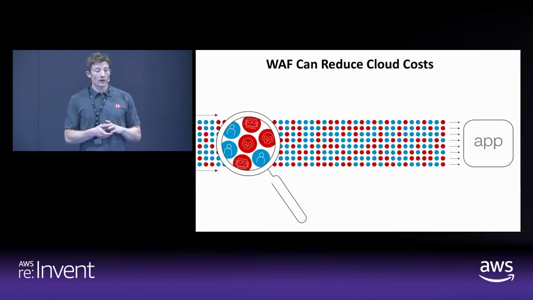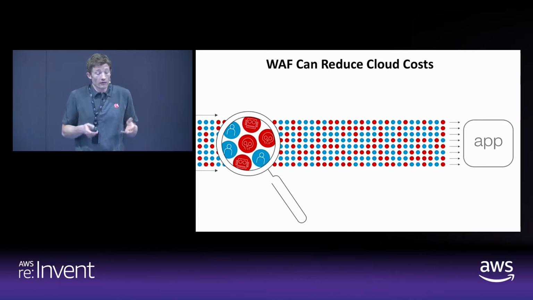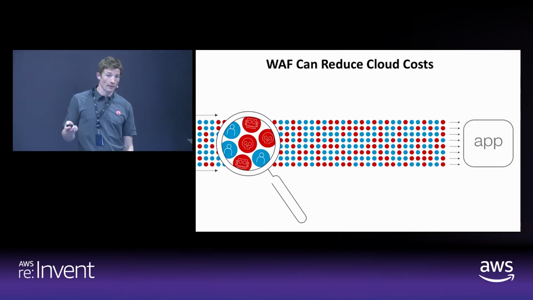But if we start doing some inspection, decrypting the traffic, looking at all of the requests and profiling them, we start to see that not all requests and not all users are the same. We've got to deal with things like bots and scanners and all of our regular customers. So we know we've got a lot of traffic. Some of it's good, some of it's bad. What do we do about it?